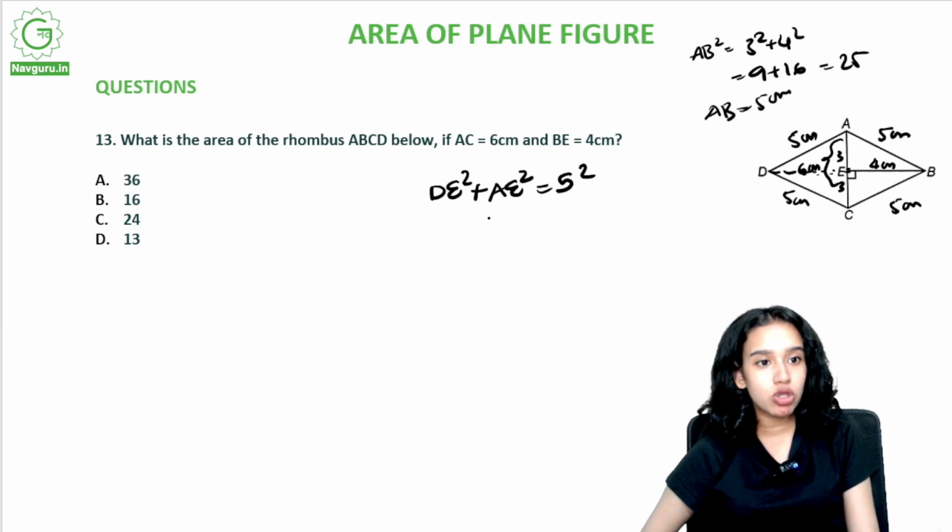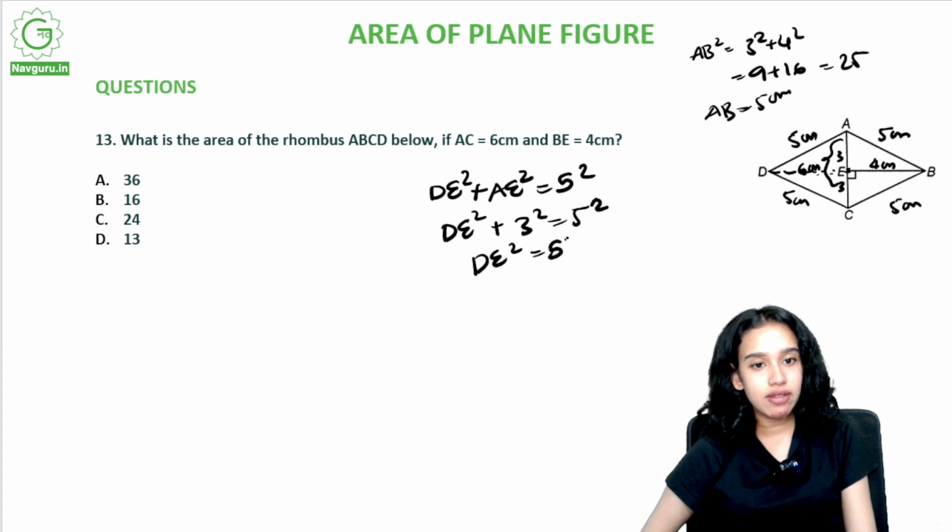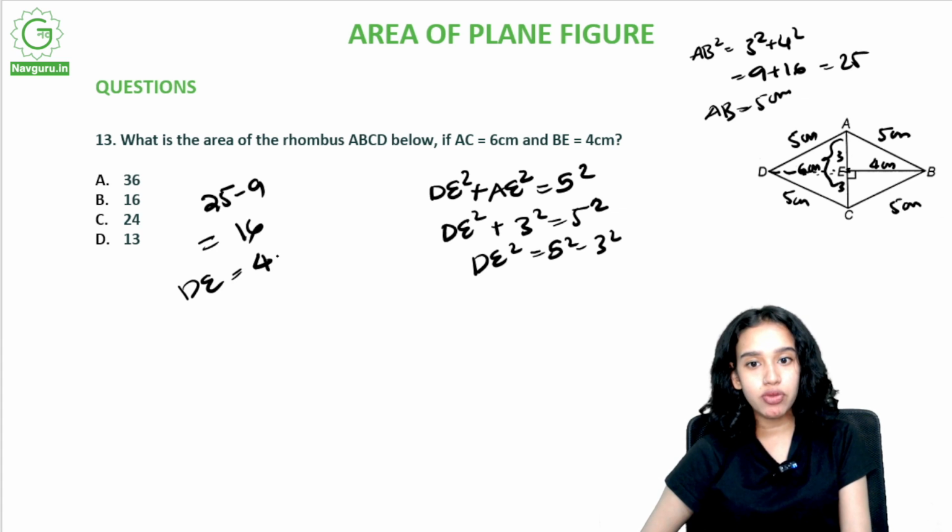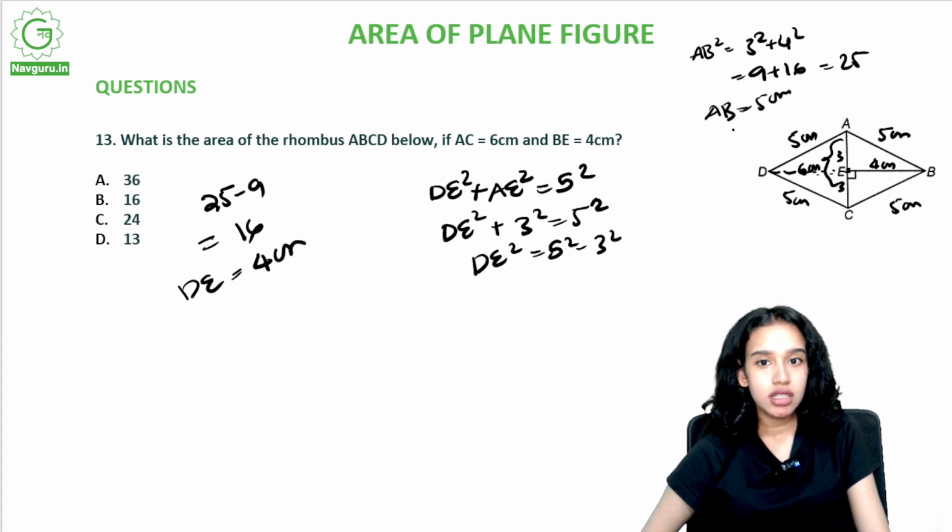AE square is 3 square again. So, DE square plus 3 square is equal to 5 square. Now, DE square would be equal to 5 square minus 3 square, that is 25 minus 9, which is equal to 16. So, DE would be equal to 4 centimeter. So, this is also 4 centimeter.